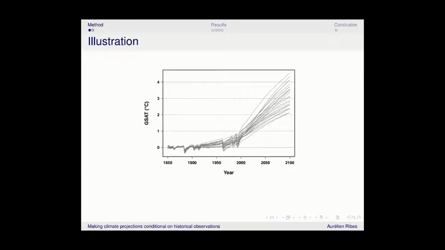Okay, so I start describing the method with an illustration. This is a collection of CMIP model responses to an SSP2-4.5 scenario from 1850 to the end of the 21st century.